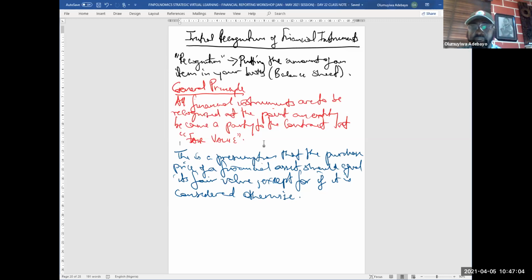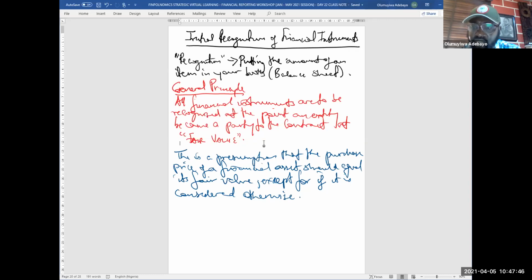Another one is this: when employers give employees loans at an interest rate below the market rate, such also may make the acquisition price or purchase price not equal the fair value. The same thing happens when government gives concessions to certain industries or companies in order to promote productivity, industrialization, and other things.